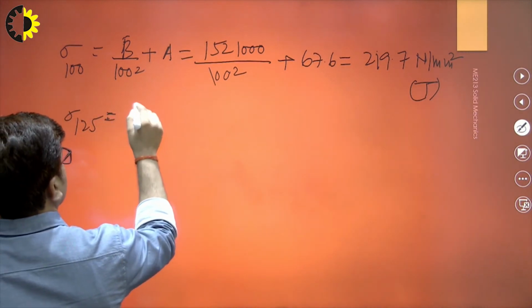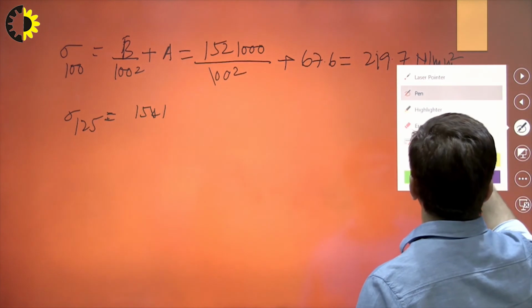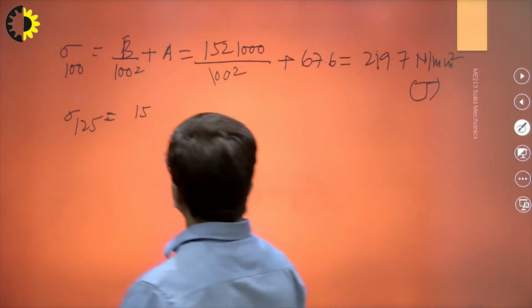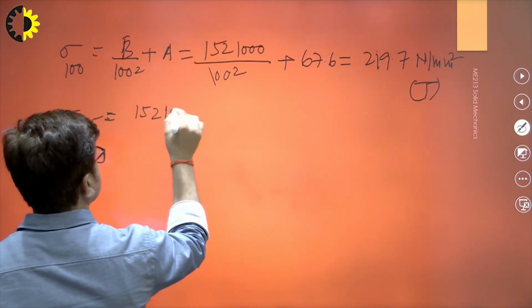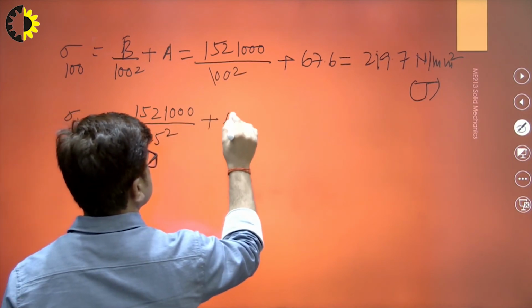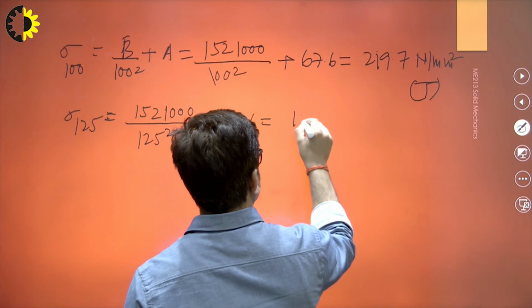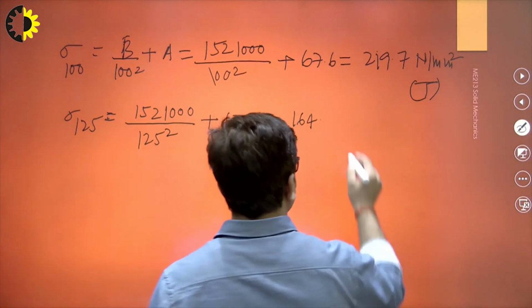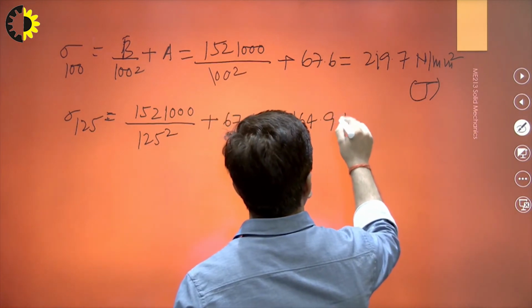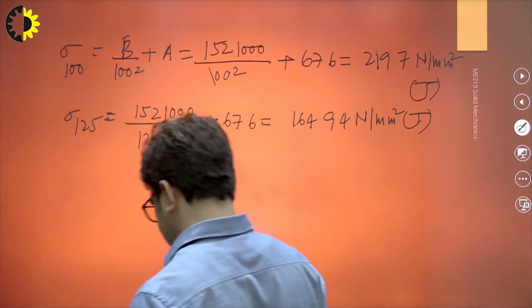So this is 152100 by 125 square plus 67.6, and this is 164.4494. Again tensile.